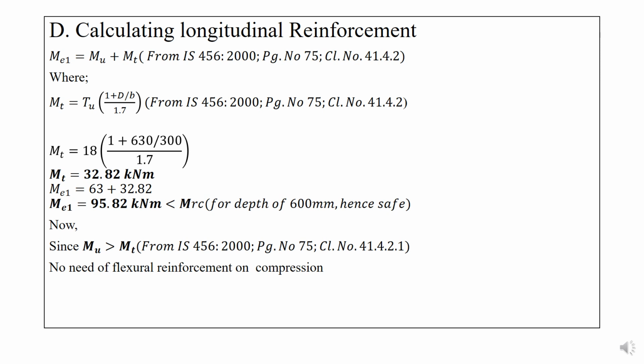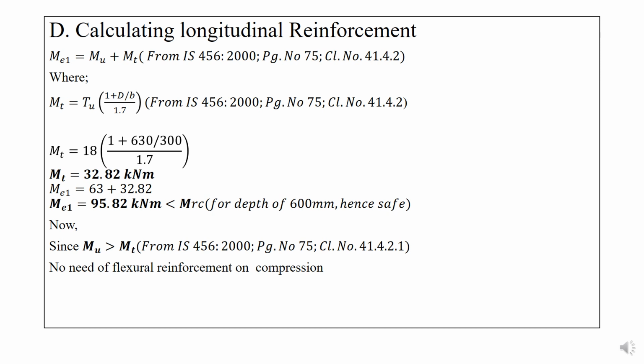Remember here, D by B is merely a ratio, so no need to worry about the units. You can substitute it in meter or in mm, but of course both should be in the same unit. So MT turns out to be 32.82 kilonewton meter and ME1 turns out to be 95.82 kilonewton meter, which is less than MRC, the moment of resistance of concrete for a beam of depth 600 mm.